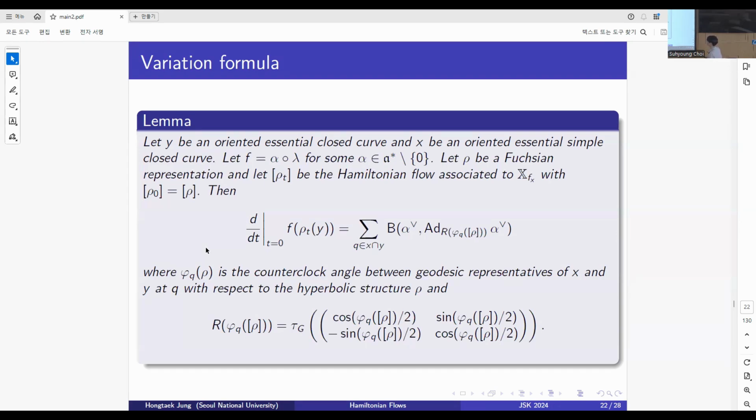The sum is taken over all the intersection points between X and Y, and V is the dual of alpha with respect to B. And this guy is just an image of the rotation matrix. And the argument here is the angle between the geodesic representative of X and the geodesic representative of Y, and the angle is measured with respect to the hyperbolic structure associated to rho.